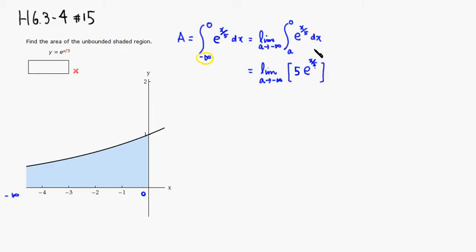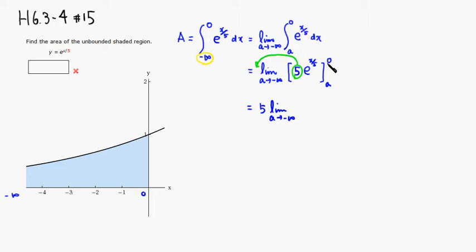And then it goes from a to 0. Actually, I'm going to put this outside, since it's just a constant. So you're going to get 5, and you have a limit as a approaches negative infinity.